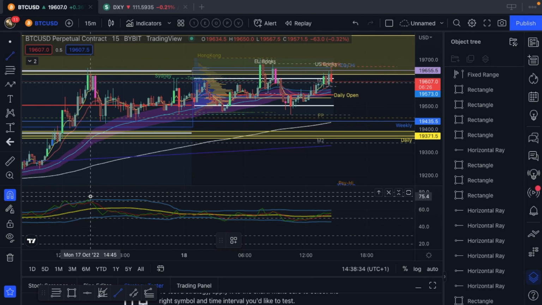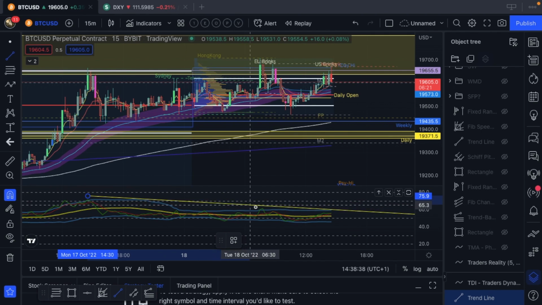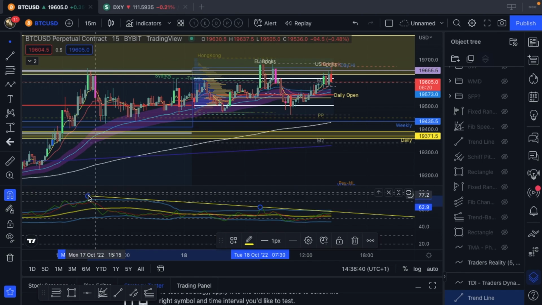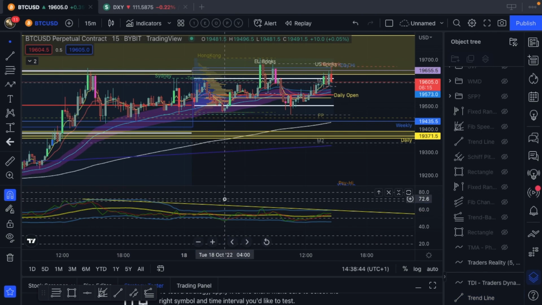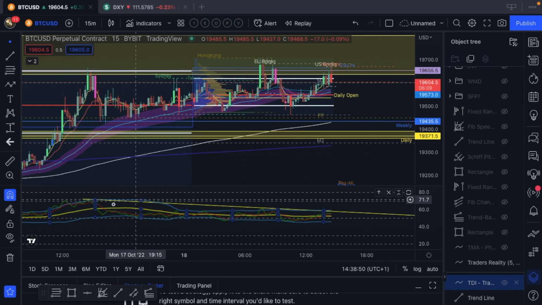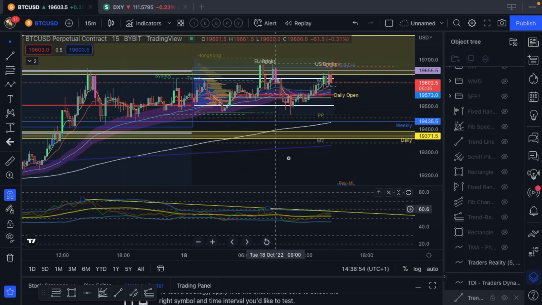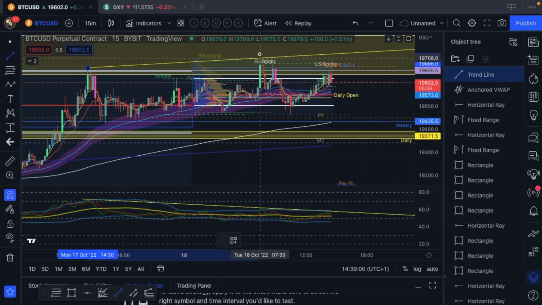So we put in this high, so you can see on the TDI the price line is moving in a downward slope, and obviously from here we're putting in a higher high, right?